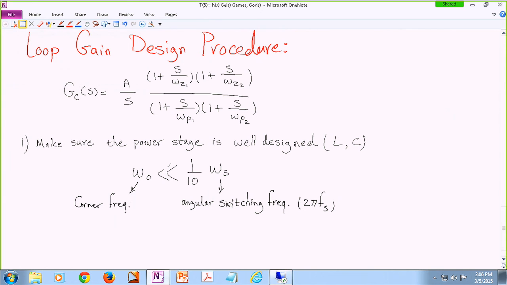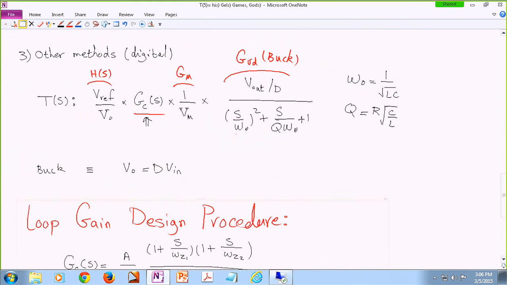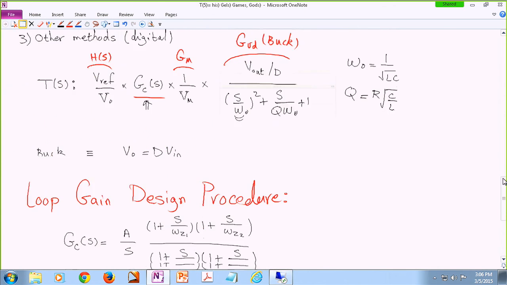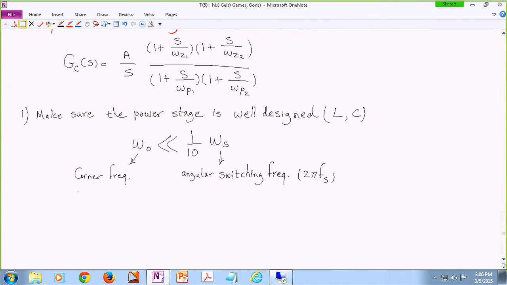Whatever the transfer function is, if you remember the canonical form, there is an omega naught appearing over here. For instance, for the buck converter, omega naught is 1 over the square root of L times C.